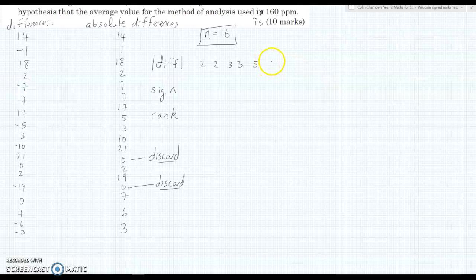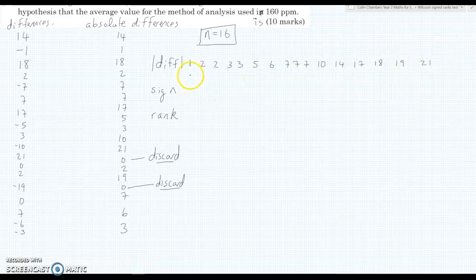There's one 5, then one 6, there are three 7's, and the next biggest number turns out to be a 10, and then we have a 14, a 17 and 18, and 19 and a 21. We should have 16 values now: 1, 2, 3, 4, 5, 6, 7, 8, 9, 10, 11, 12, 13, 14, 15, 16.